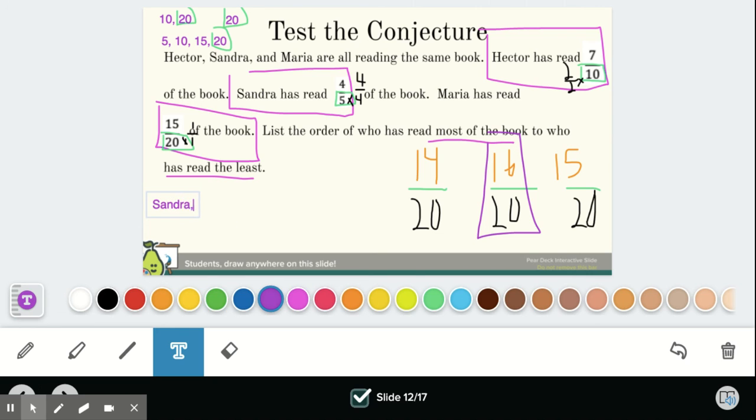So I'm starting to type. Next is going to be the 15, and that one belongs to Maria. And then the last one is this 14, which is the fraction that represents Hector. And that's the test of conjecture.